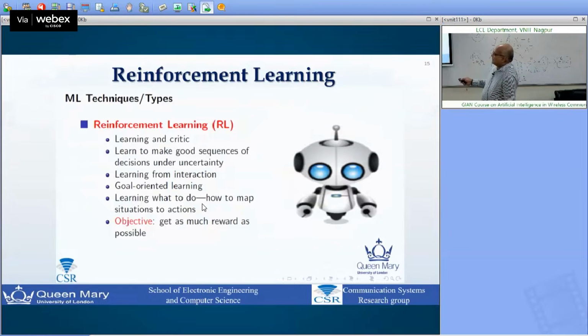So here it is goal-oriented learning. What is going to be the goal here? To improve the number of devices successfully served. That is the objective. Whenever the number of devices successfully served increases, we give the reward.